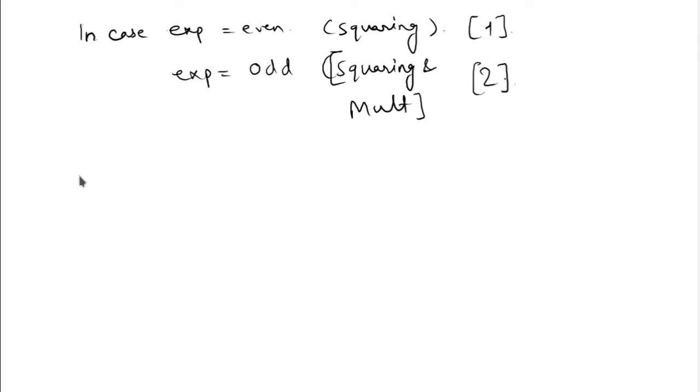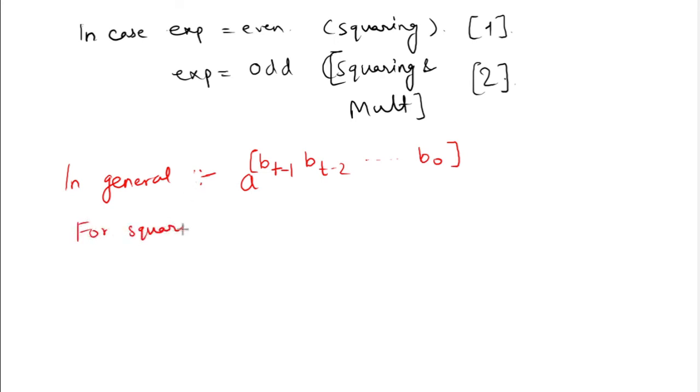For it can be written in a way that a raised to some binary number of p minus 1, p minus 2, and so on till b of 0, where b of i is the bits. So for squaring, how many bits would be required?